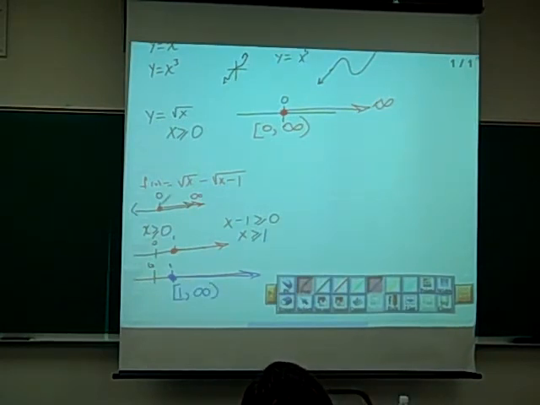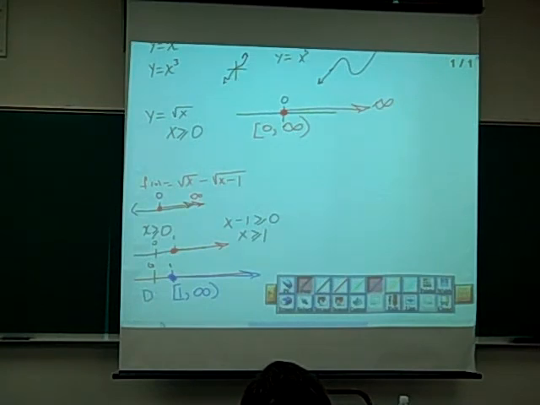Even though the first one says 0 to infinity, you can't use 0, because 0 will give you a negative radicand for the second one. So you have to look at both, and then look at the restrictions for both and apply them. That's going to be your domain.